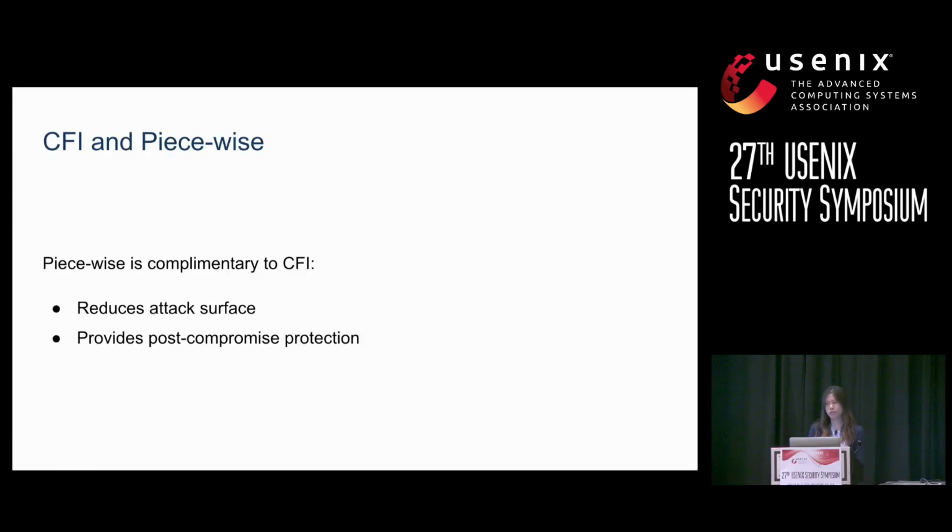So what is the relationship between CFI and Piece-wise? Piece-wise is complementary to CFI in a sense that it reduces the attack surface by removing the unused code from the memory, and moreover it prevents the attacker from using the removed code even after the compromise happens.